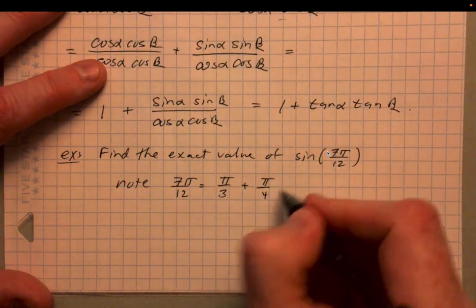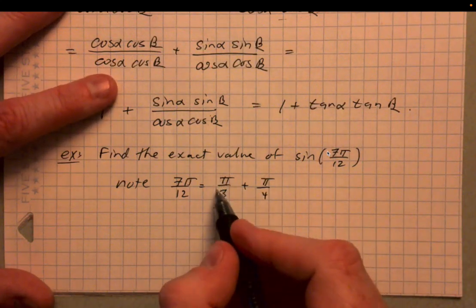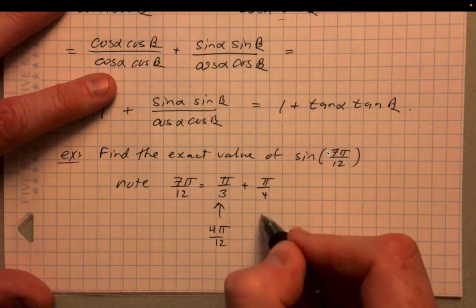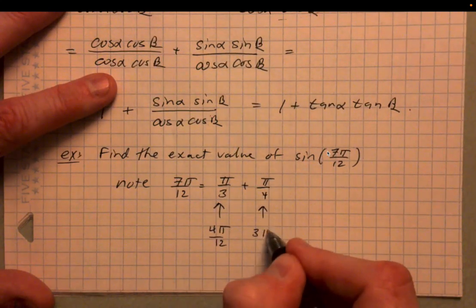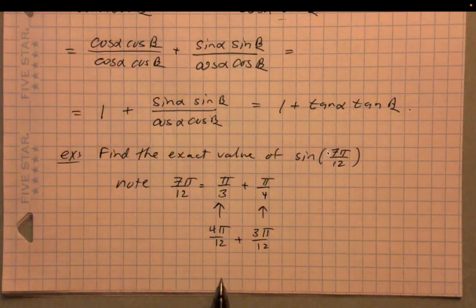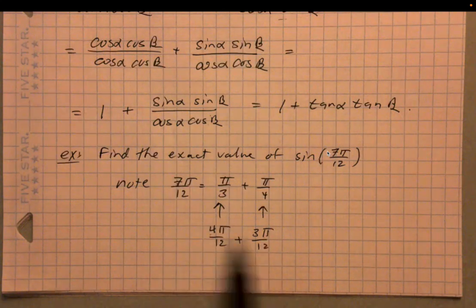Now, what are those values? This one you can think of as 4 pi over 12, and this one is 3 pi over 12, and these are just reduced. Obviously 4 pi plus 3 pi is 7 pi, so this sum is equal to that, and it reduces down to that.